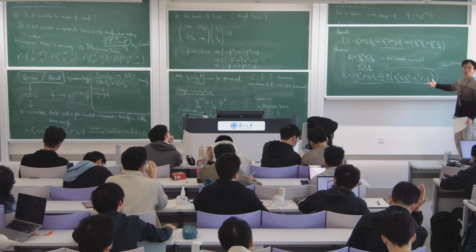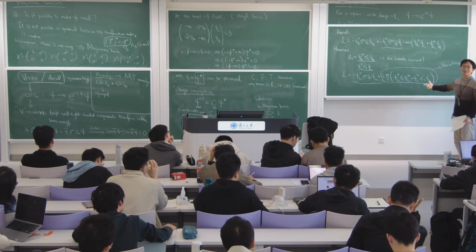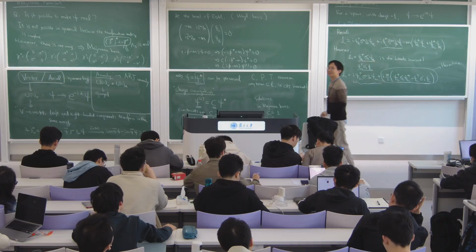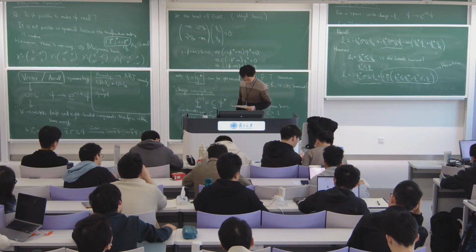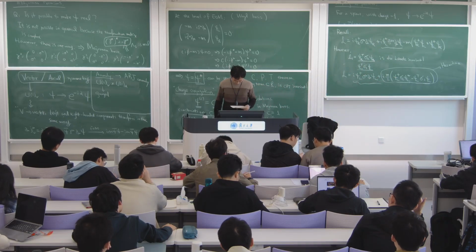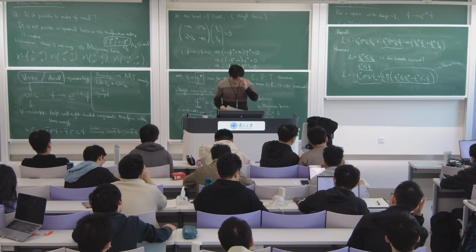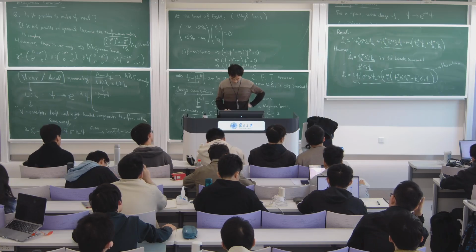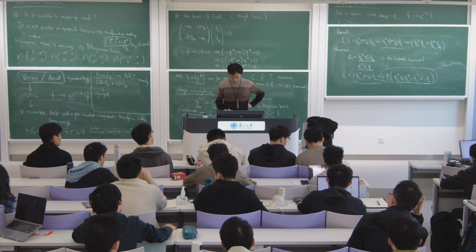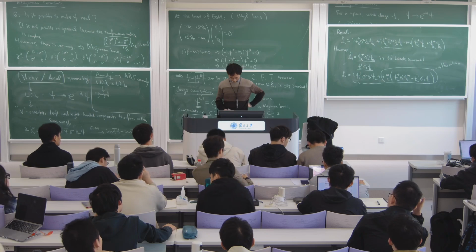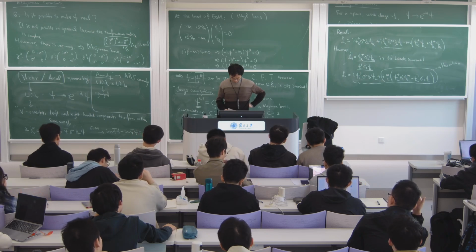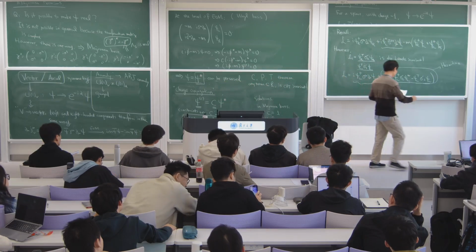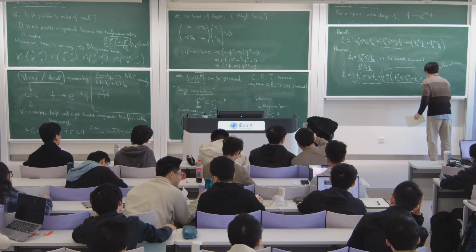You can justify it yourself. This is a perfectly good candidate for the Lagrangian. It satisfies all the properties. So this is the so-called Lagrangian to describe the Majorana fermion.